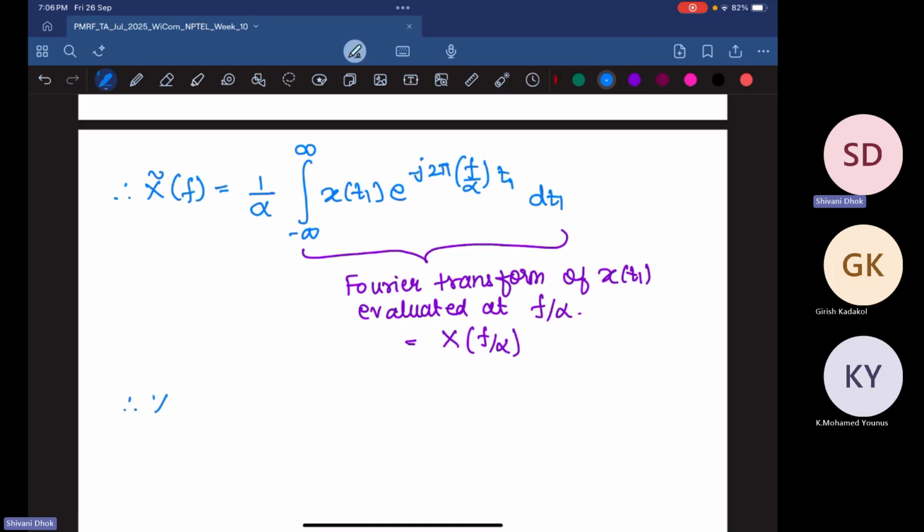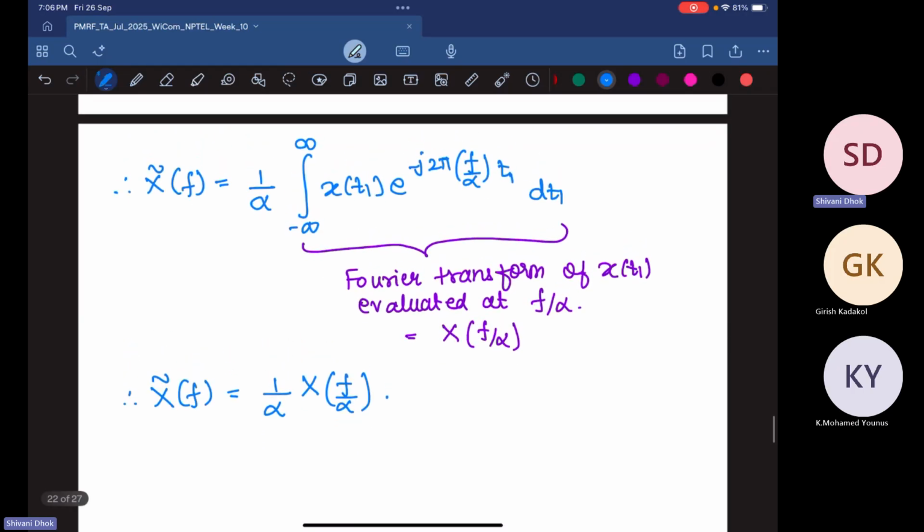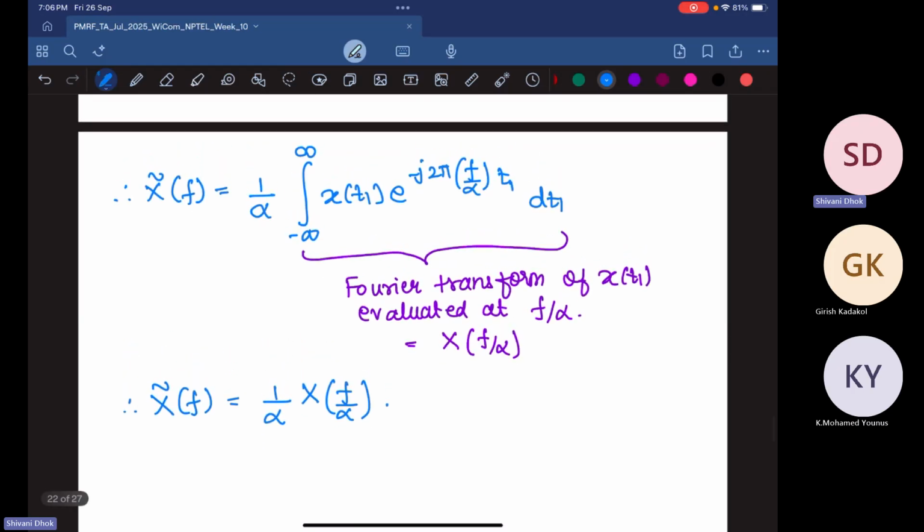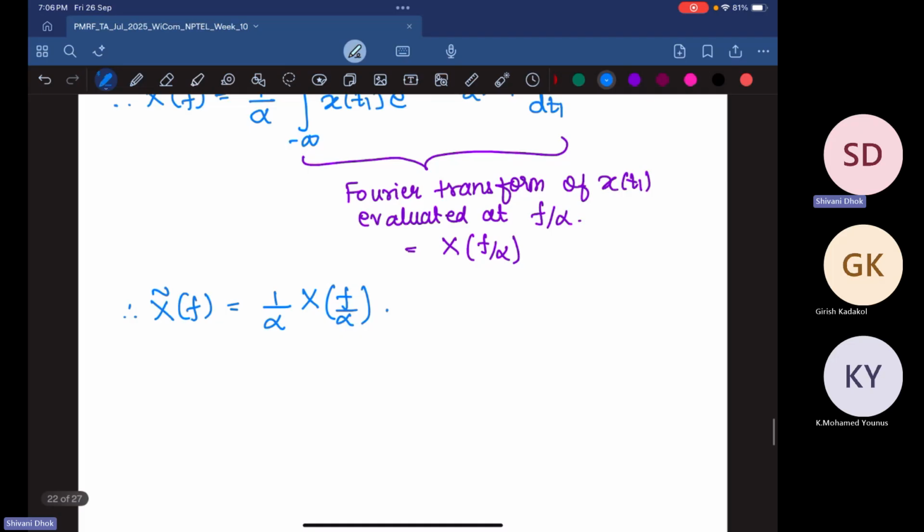So X tilde of f is nothing but 1 by alpha times X of f by alpha. This is a generic property that we have just seen. Now we'll use this property for our case.